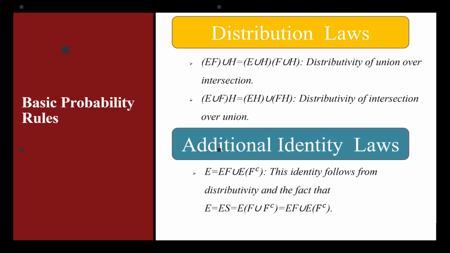Next one. Distribution. You can expand some of those formulas, some of those mathematical derivations. Now, the intersection of E and F, union with H, you can expand it to the intersection of the union of E and H and the union of F and H. They could be expanded.